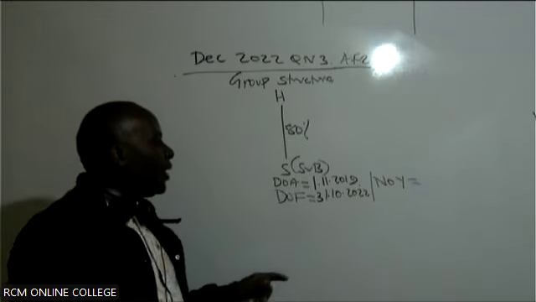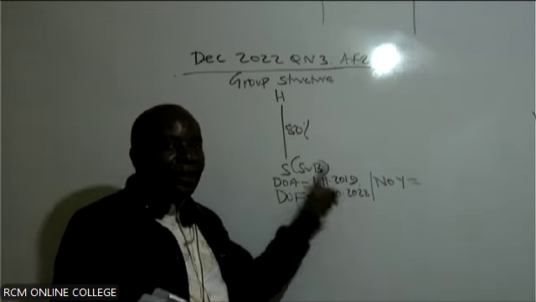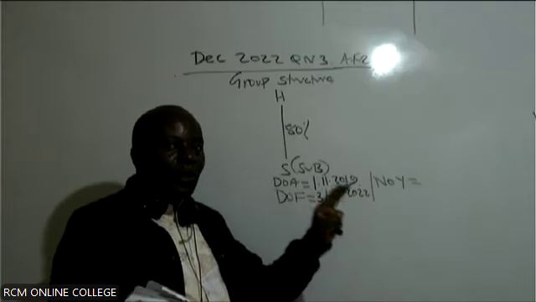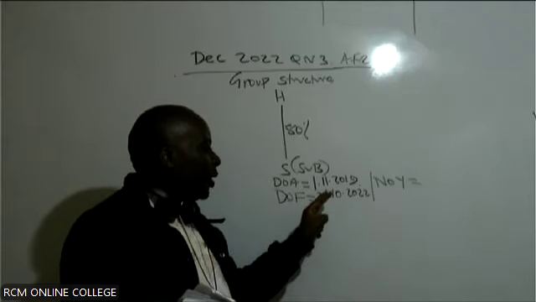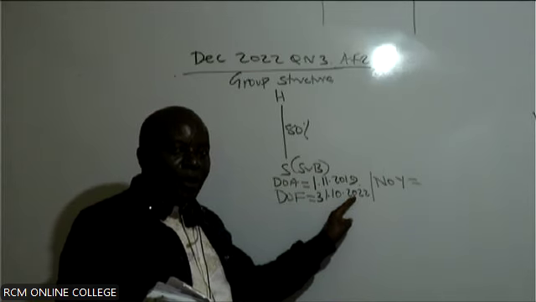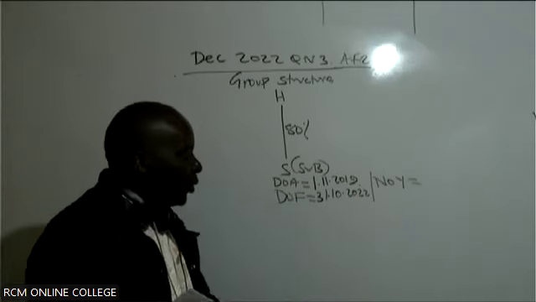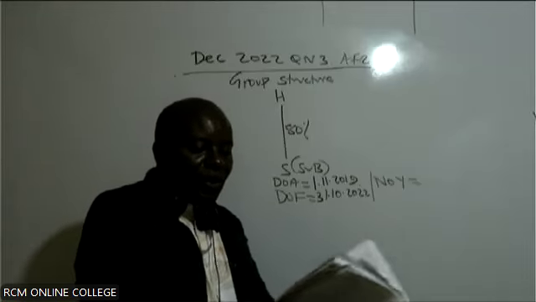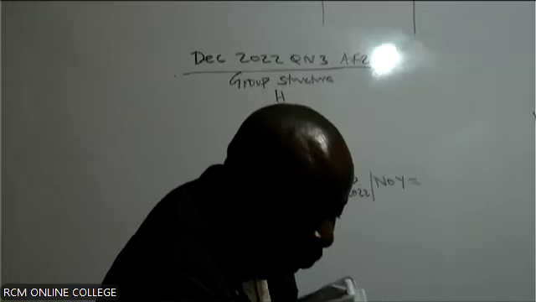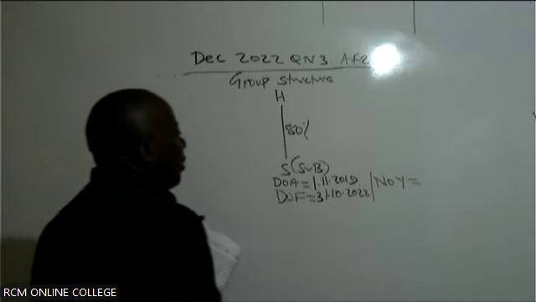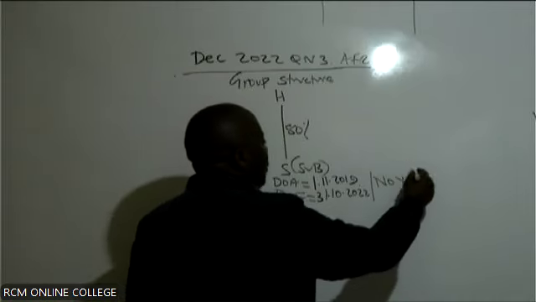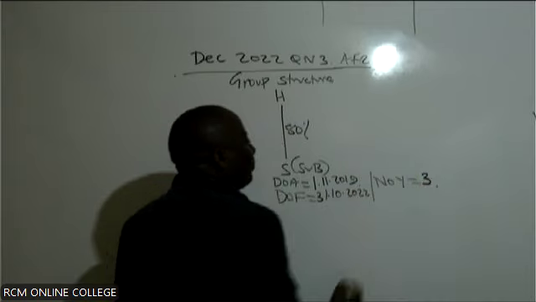So the year ending 2020 becomes first year. 2021, second year. And you can see we are going to 2022. So basically number of years here, you guys must have gotten how many years? 3 years. From the date of acquisition to the date of the financial statements, we have 3 years.